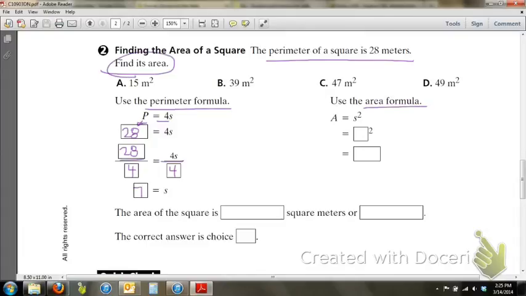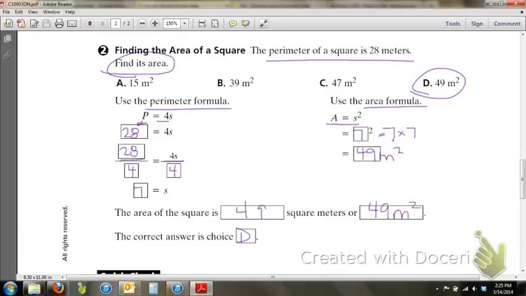So area of a square is side squared, or in this case 7 squared, and 7 squared means 7 times 7, which is not 14, it is 49. So 49 meters squared. So the area of the square is 49 square meters, or 49 meters squared, which happens to be choice D.